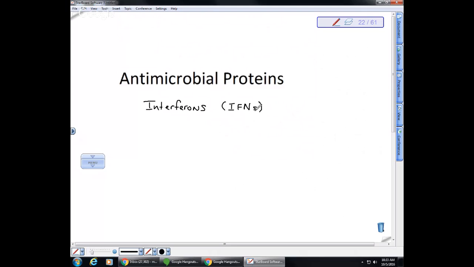Interferons are really interesting because they're chemicals that are produced by cells that are infected with a virus. They don't help that cell fight off the virus, but they are like a flag signaling all of the other cells in close proximity to prepare for invasion, right? So this is produced by cells infected with a virus.